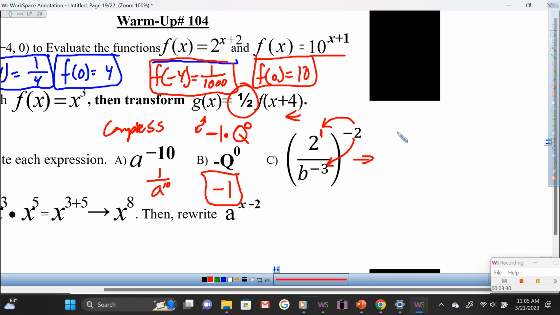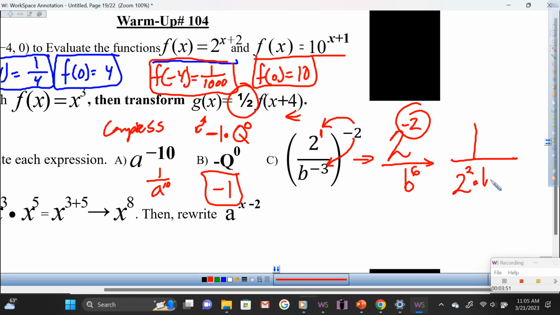So we end up with 2 to the -2 over b to the what? +6, yes? All right. Can we have a negative exponent there? No. So I put a 1, bring that down here, positive exponent, times b to the 6.